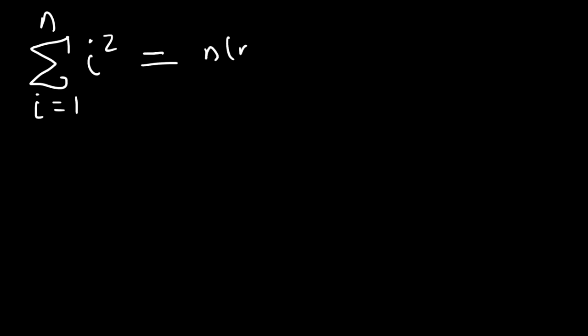Now, let's move on to the next formula. This time it's i squared instead of i. It's equal to n times n plus 1 times 2n plus 1 divided by 6.